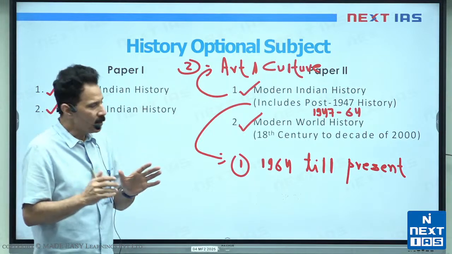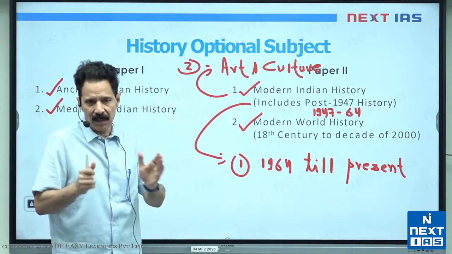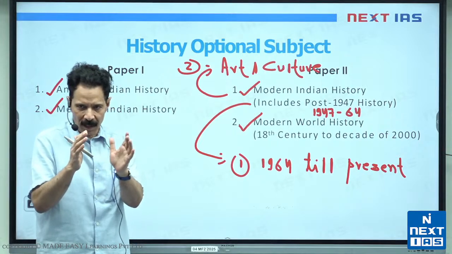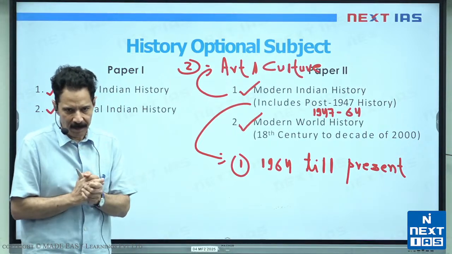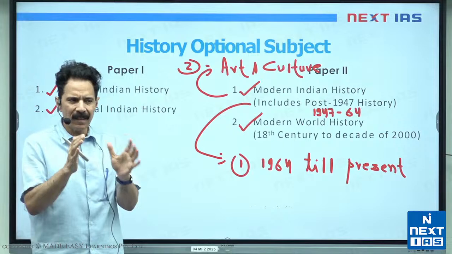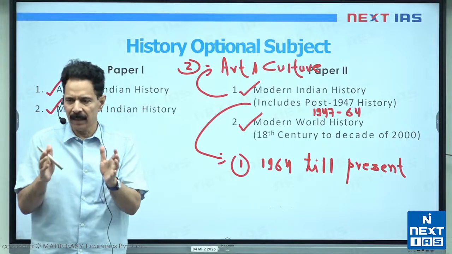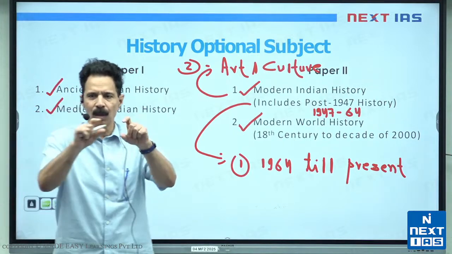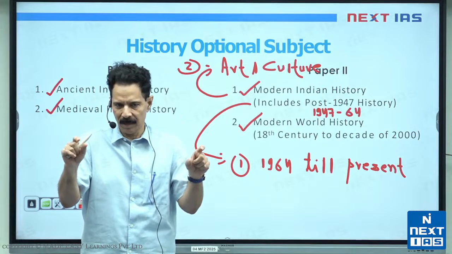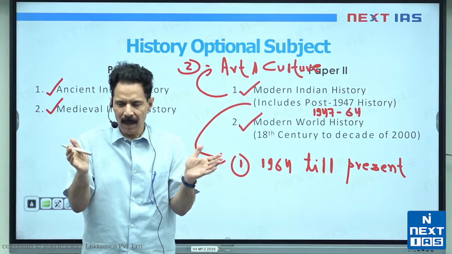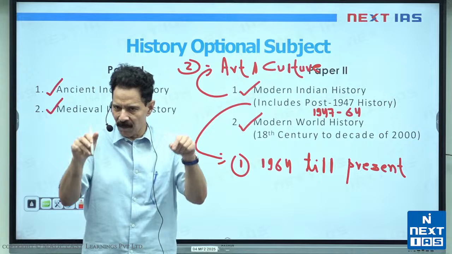Why? Because the history optional subject is more or less defined. Its syllabus is more or less defined. Okay? GS syllabus is slightly vague. Just broad outlines given. It becomes very vague. History optional syllabus is defined.